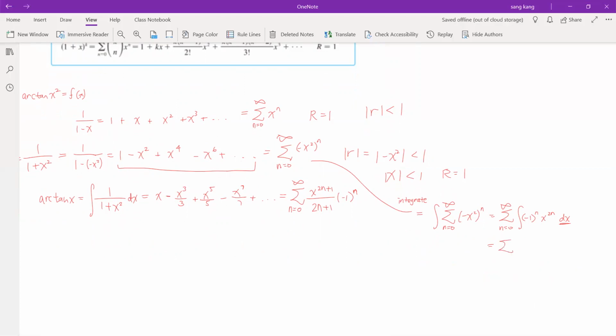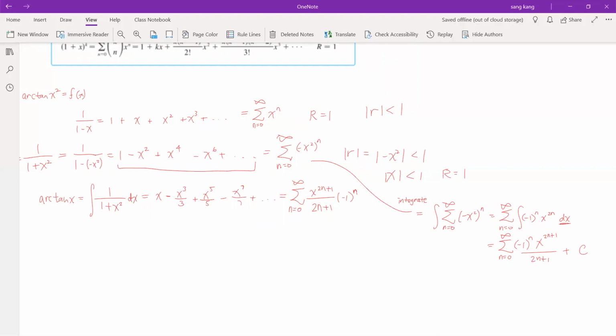So n equals 0 to infinity of -1 to the n, and then we'll integrate that. It'll be x to the 2n plus 1 over 2n plus 1, right? It's the plus 1 power over that power. And of course, with any indefinite integral, we need a constant of integration. So don't forget your plus c.